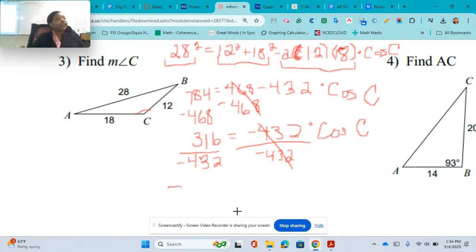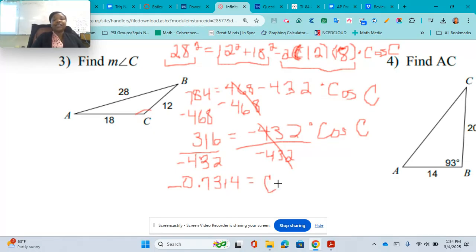So I'm going to put my negative there first, and then I'm going to actually plug in 316 divided by 432. 0.73148, I apologize. And that equals cosine C.